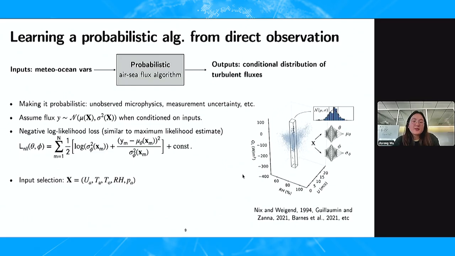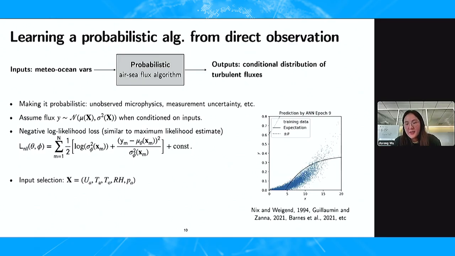The inputs that we ended up using are the wind speed, temperature of the ocean, temperature of the atmosphere, relative humidity, and surface pressure. This is, I would say, a subset of bulk algorithm inputs, which also makes calling this our flux algorithm easy, because you can just replace the bulk algorithm with what we have proposed.